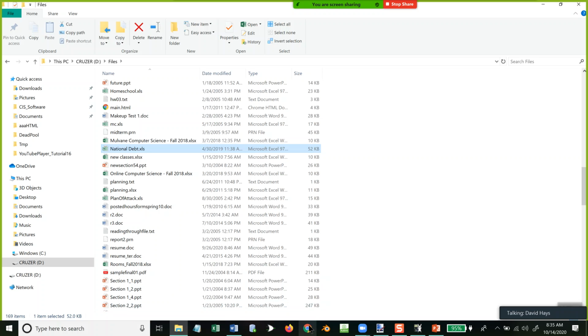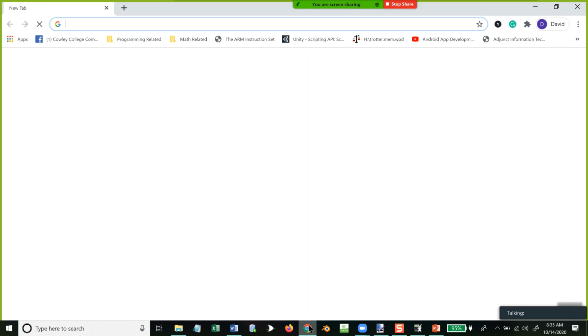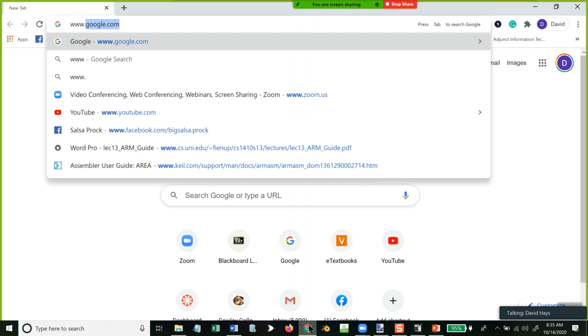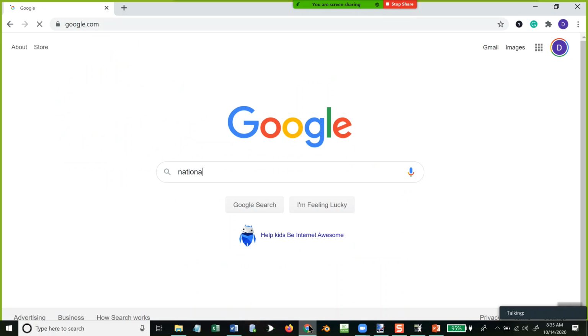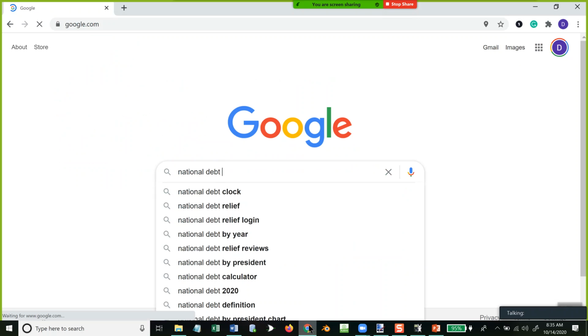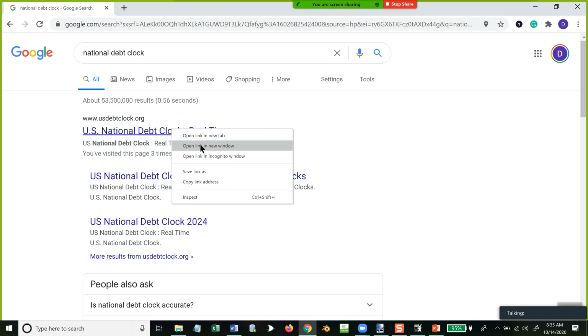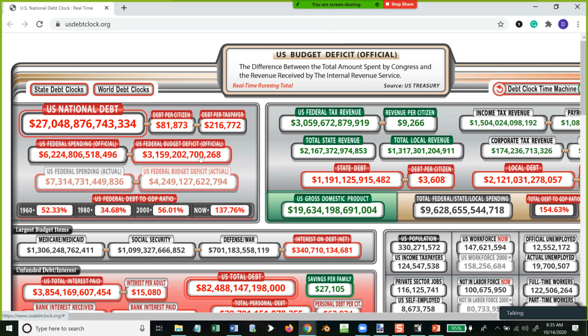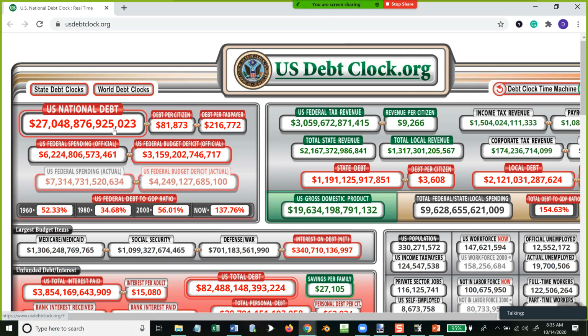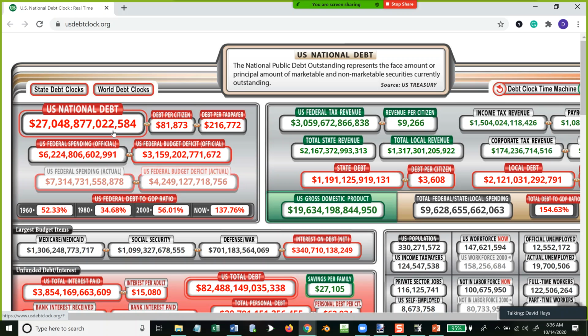If you've never looked at one of those debt clocks, they're kind of fun. Scary, one of the two. Here's our national debt, and you can kind of watch it as it goes.